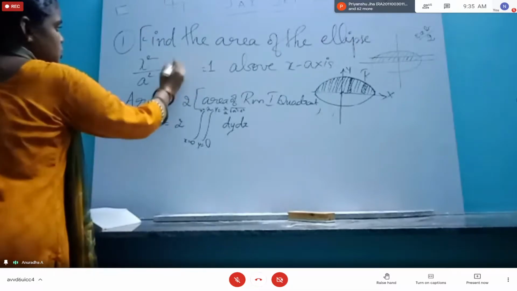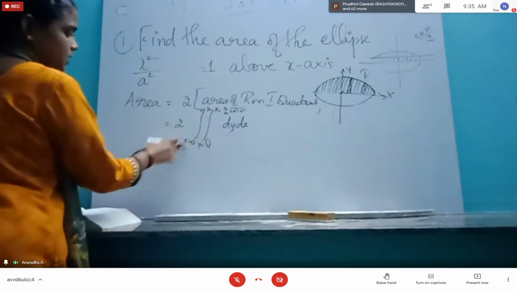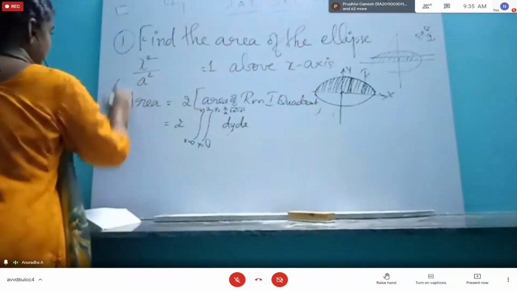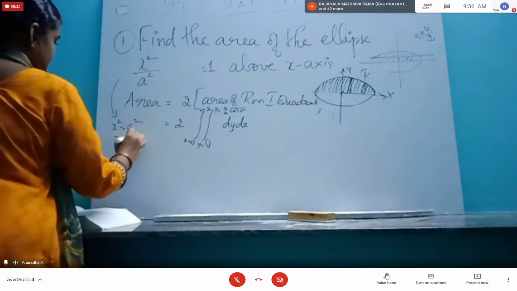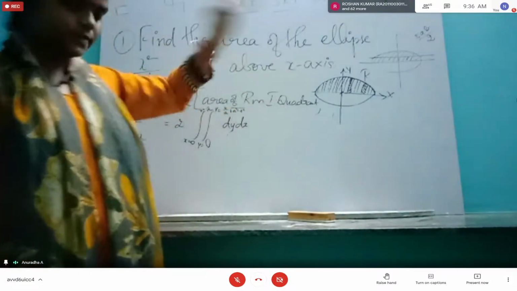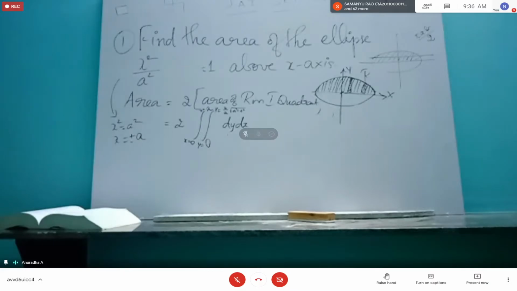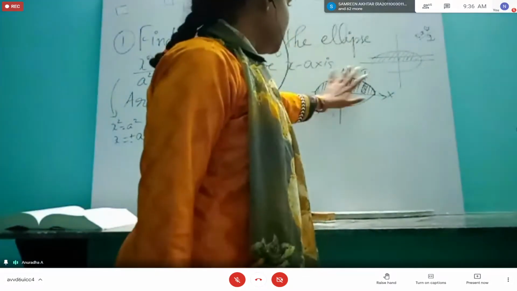See, we are deleting y because the y limit of integration is over all of it. Then only will the outer integration come. So from here, x square equals a square and x equals plus or minus a. They have given above the x-axis, so the positive value, positive a. Even if you don't know the diagram of an ellipse, or any other figure is given, don't worry about it.